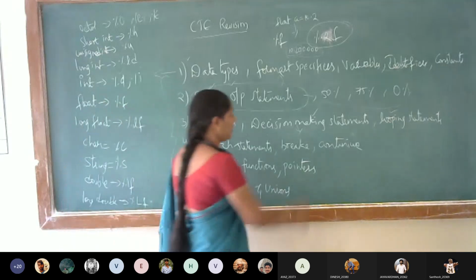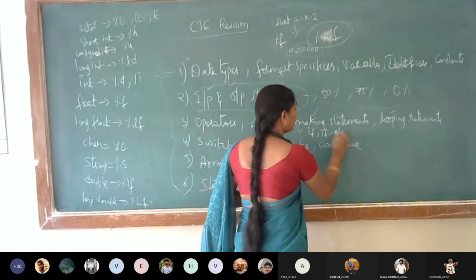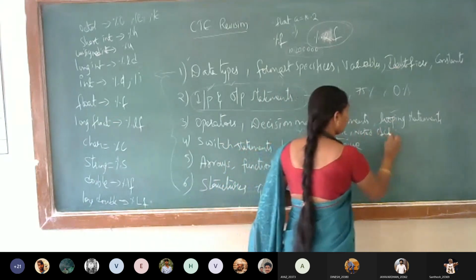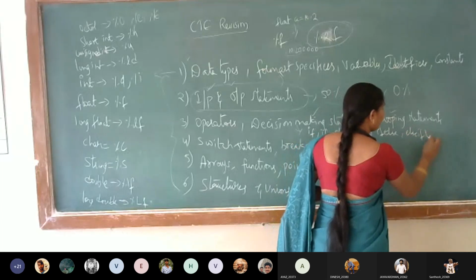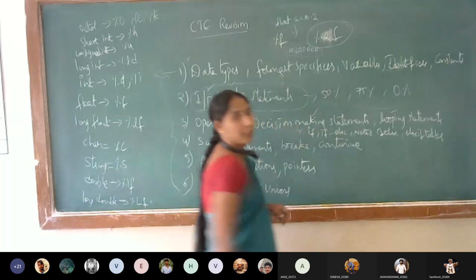The decision making statements are if statements, if else statements, nested if else statements, and else if ladder.